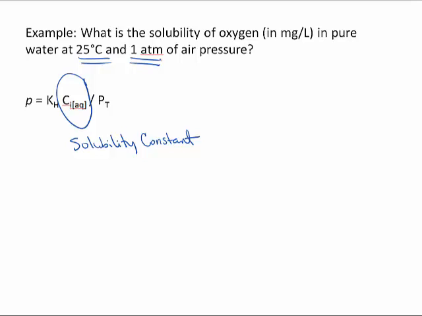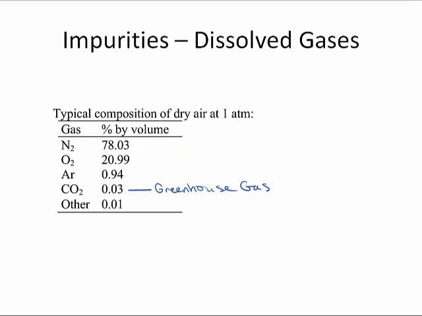Using this form of the equation and looking at the previous table, the percent volume of oxygen is 21%. So 21% by volume is what we will use in the form of the equation.